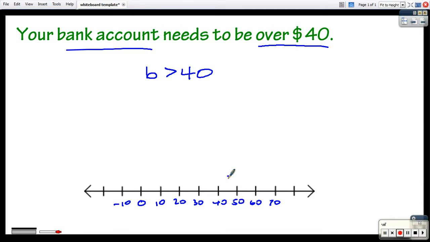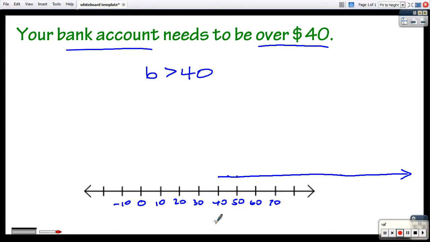So like 45, 50, like I said before, somewhere way out to the side, a million, 100, but anything over here. So essentially we get a bunch of dots in a series where eventually it's just going to become one big long arrow. This represents everything above $40.